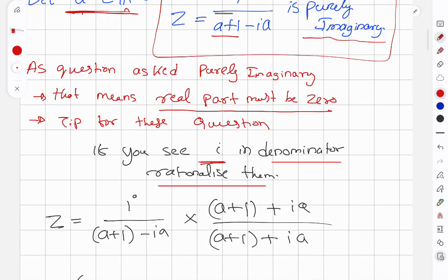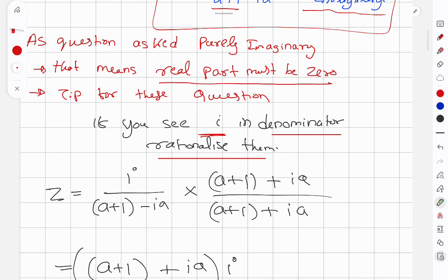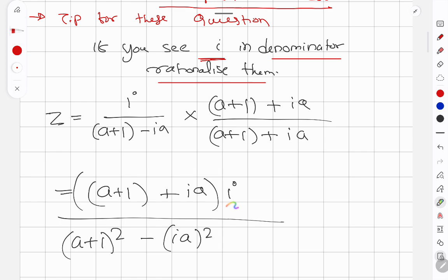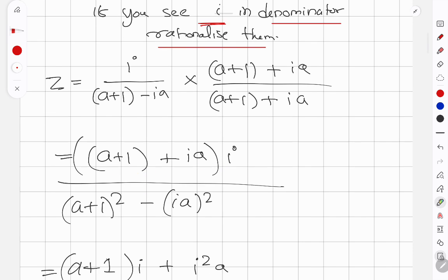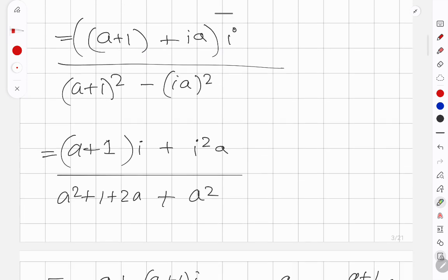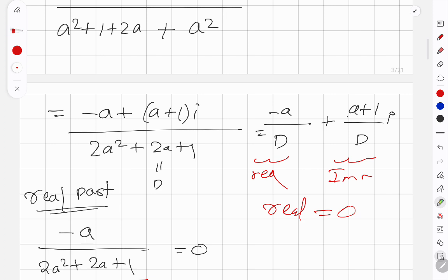So as I said, the tip: first you rationalize it. How to rationalize it? Multiply by the complex conjugate. What is a complex conjugate? You have to take the opposite sign of the imaginary part. Then I just open the bracket, I multiplied here, then I separated the real part and imaginary part, and the question was to find the value of a such that this complex number is completely imaginary.